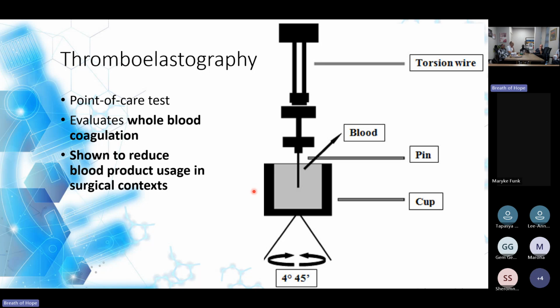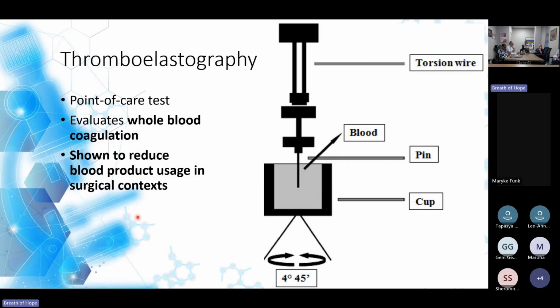What has it been shown to do? It's been shown to reduce blood product usage in surgical contexts, and this is where the evidence is. It has not been shown to reduce mortality, and hasn't really been shown to be of use in the emergency unit or even during massive transfusion. Although some units do use it to guide their treatment, there's no good scientific evidence that it reduces blood product usage there.